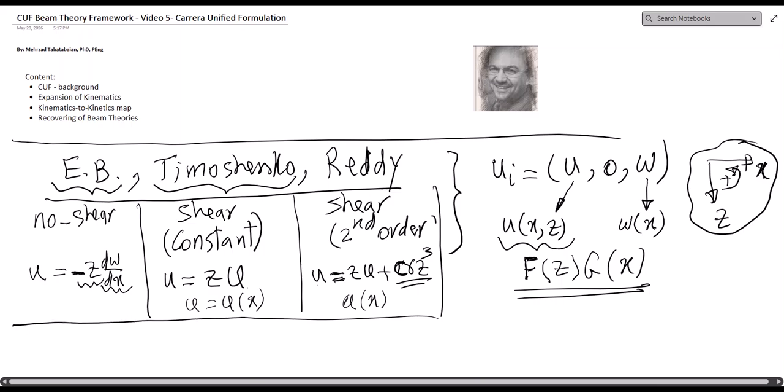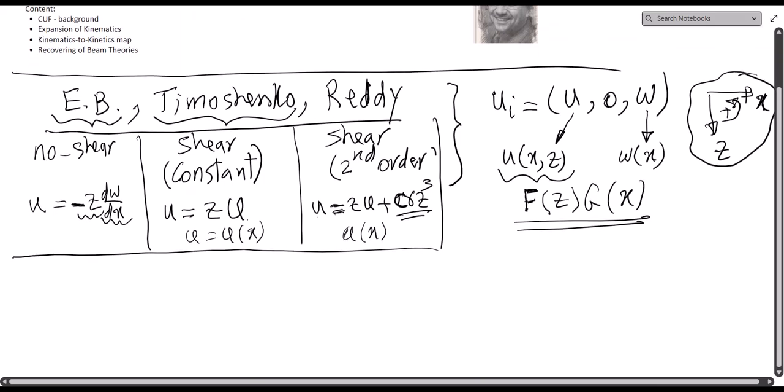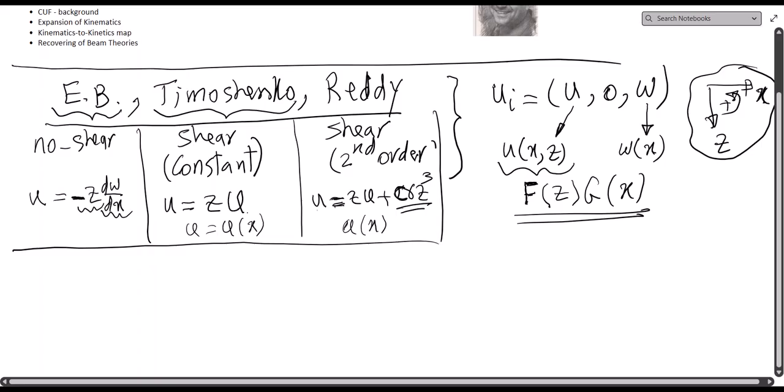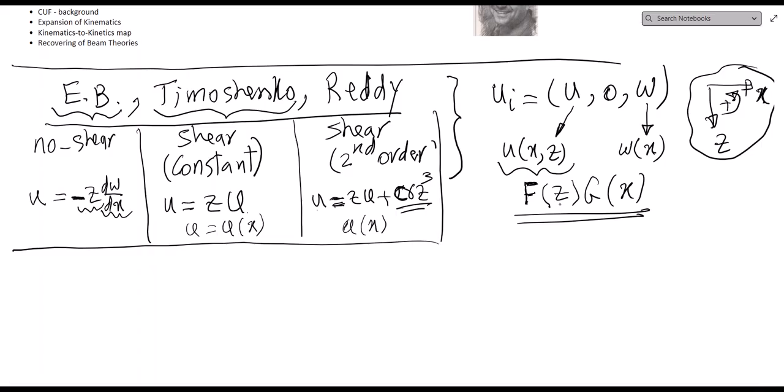Now, if I look at here, I realize that there is a common approach to separate the functionality for z and x. We know that x is of order L, the length of the beam, and z is of order H, the height of the beam, or a typical dimension at the cross section.